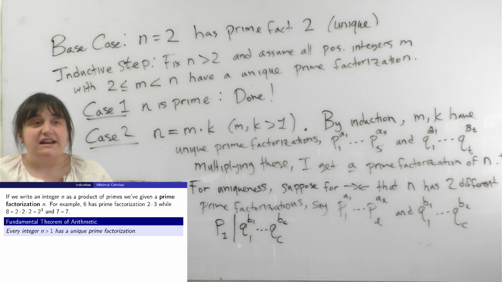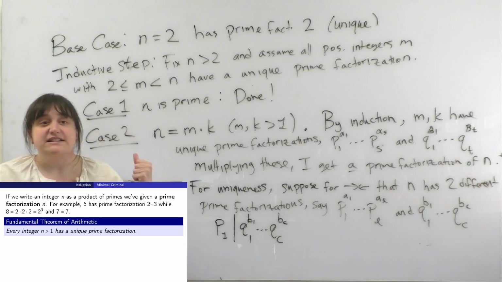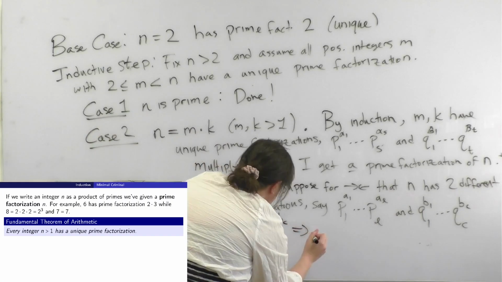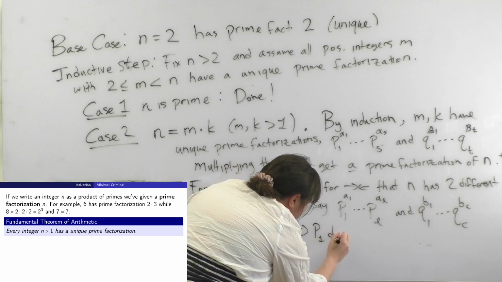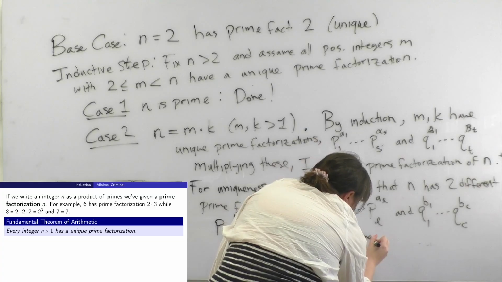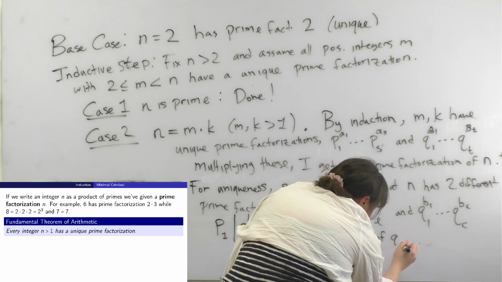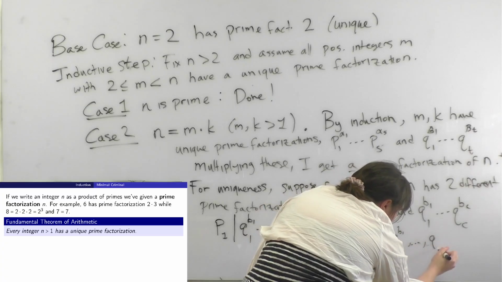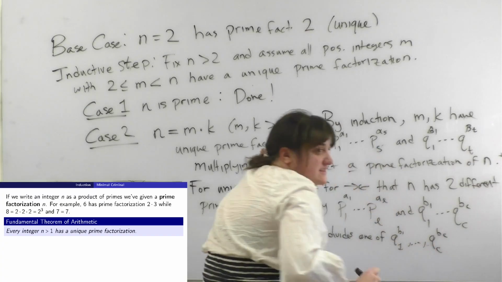And we know that anytime I have a prime that divides a product, it has to divide one of my factors. So this implies p_1 divides one of q_1 to the b_1 through q_c to the b_c.